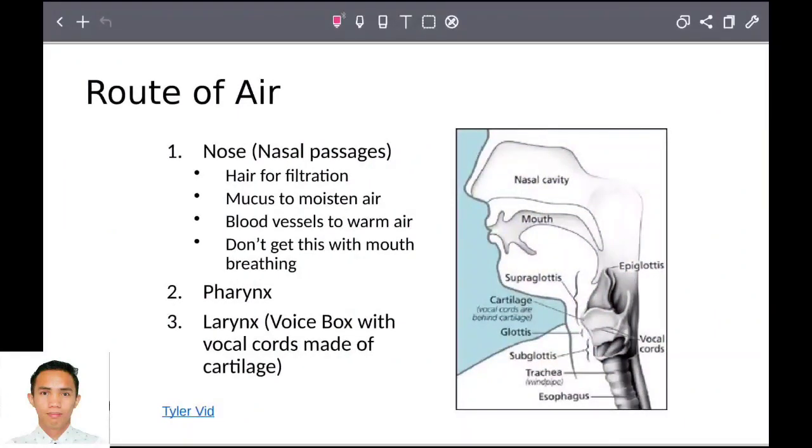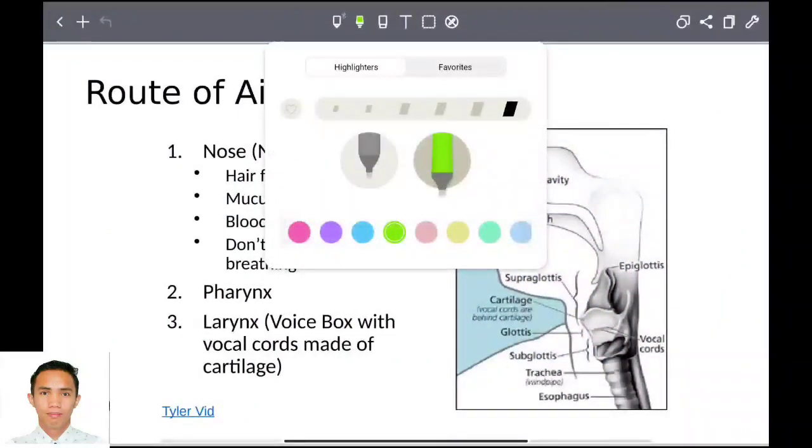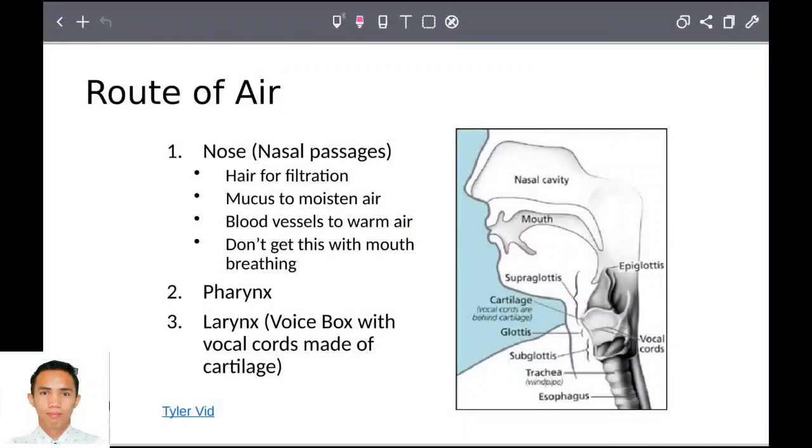Let's go to the next slide. Next, we have the route of air. Number one, the nasal passage. Number two, the pharynx. Number three, the larynx.